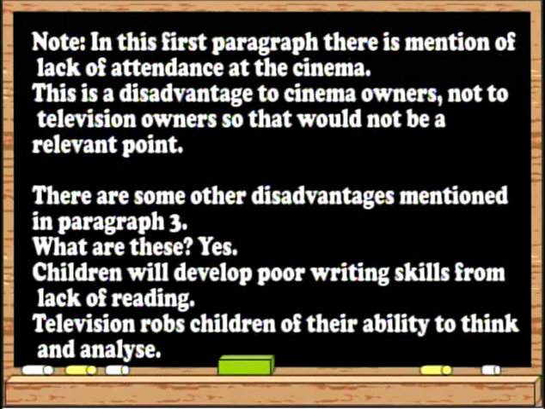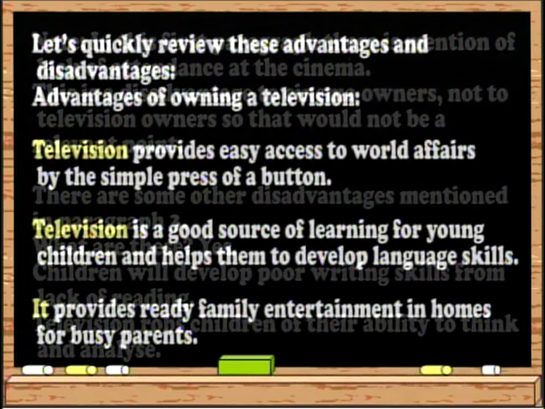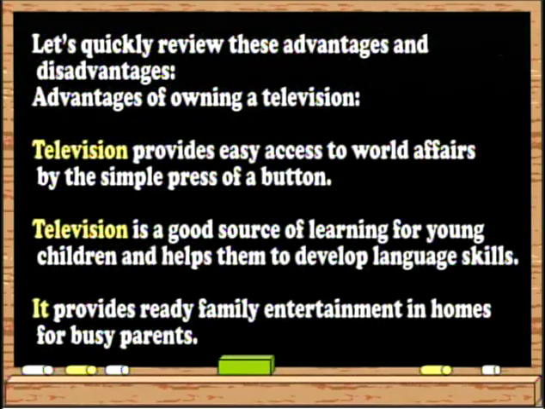There are some other disadvantages mentioned in paragraph 3. What are these? Yes, children will develop poor writing skills from lack of reading. Television robs children of their ability to think and analyze. Let's quickly review these advantages and disadvantages.